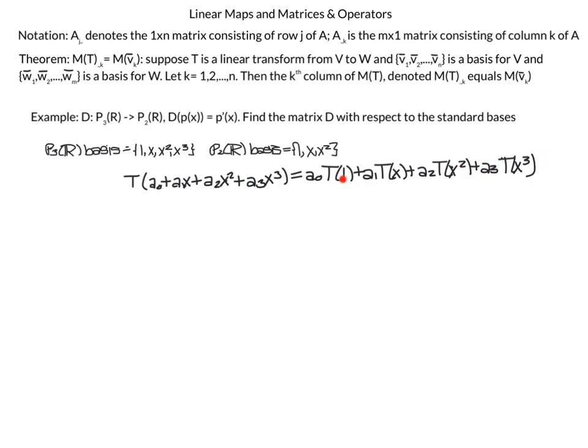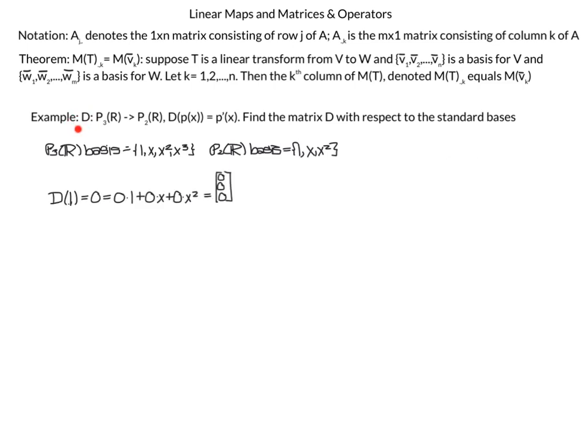So again, once we know how a transformation affects the basis vectors, in this case 1, x, x squared, x cubed, we can figure out what happens to any vector in the space.